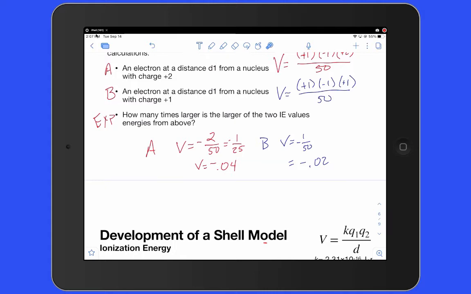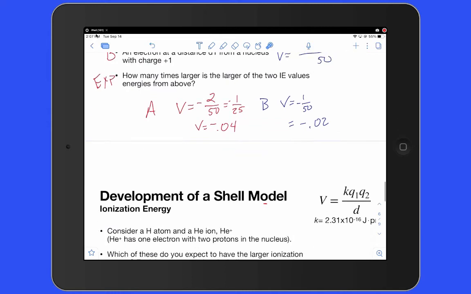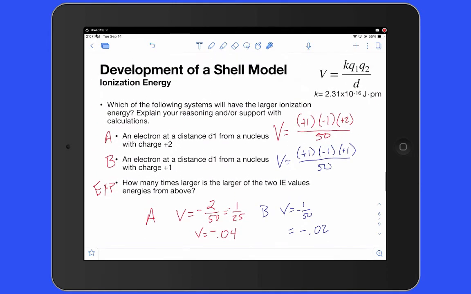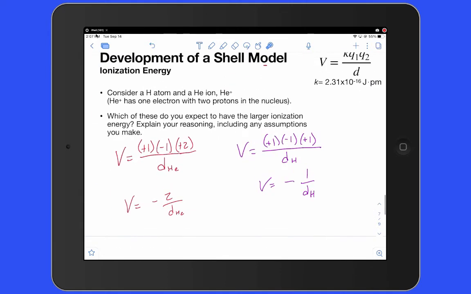So this is the thing. Here, in this one we did, it's more hypothetical. In this one, this is more practical. We're actually applying it to real atoms.